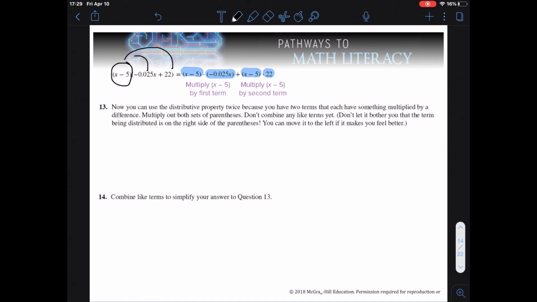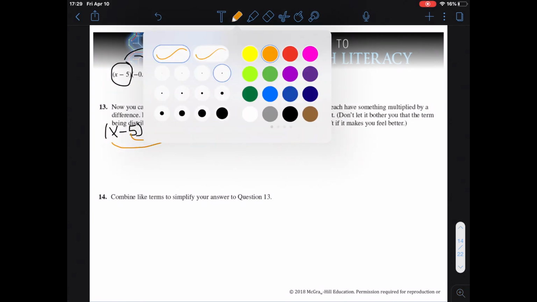And now, to actually evaluate each of these, we'll go ahead and use the distributive property again. So the x minus 5 times the negative 0.025x plus the x minus 5 times the 22 can be evaluated just by distributing. So we'll distribute this to the x and to the negative 5.